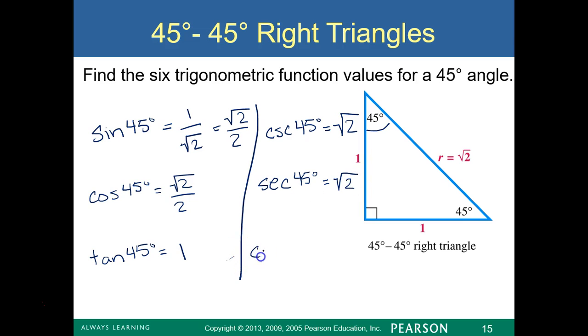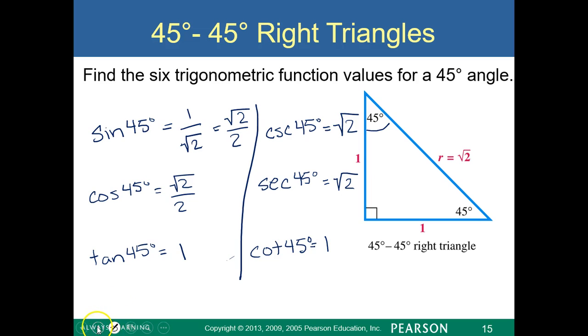And then cotangent, again, 1 over 1, which is just 1. So again, in a 45, 45, 90 triangle, you're always going to have this sort of ratio happen for all of these 6 trigonometric function values.